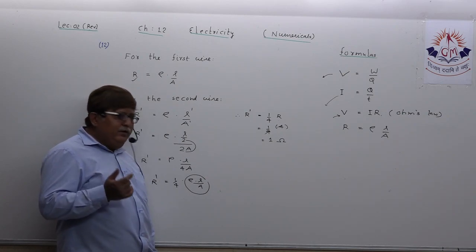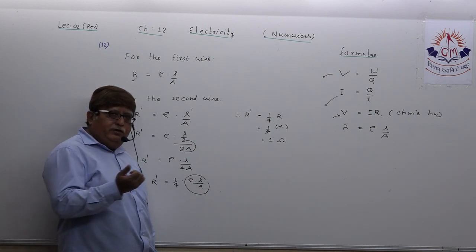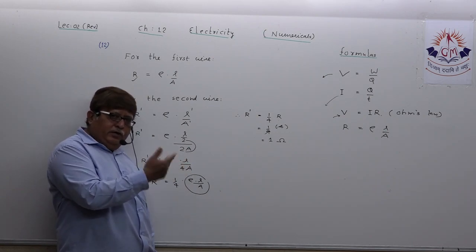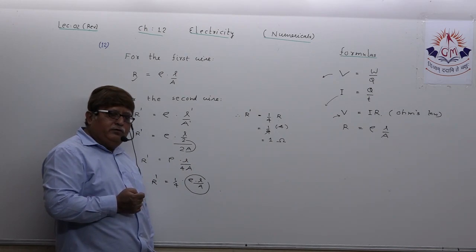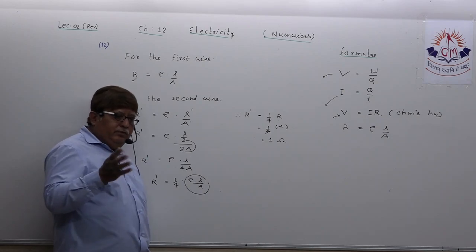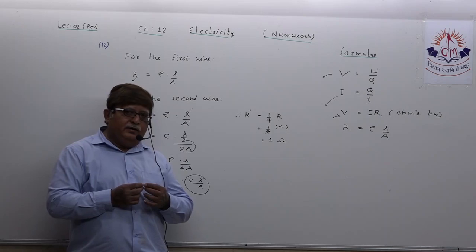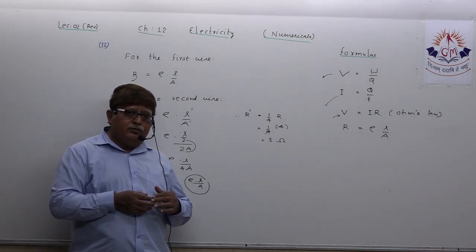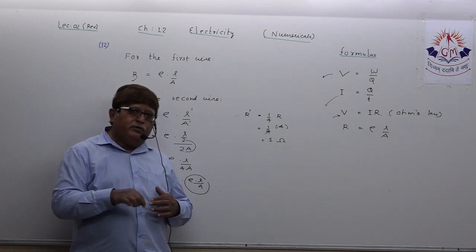At that time, I think I asked if the length of the wire is stretched to 4 times, or 2 times its length, or 3 times, keeping the area of the cross section uniform. Some students were querying with me how it can happen that the wire is stretched and the area of cross section remains uniform, but that was actually a theoretical question.